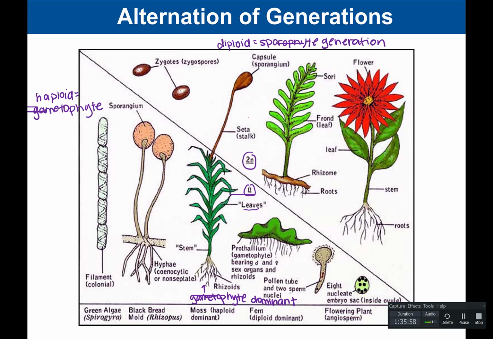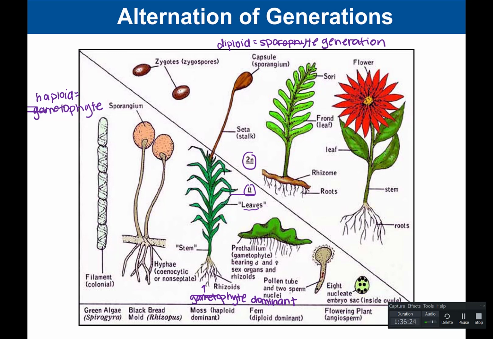That's in contrast to if we look at ferns. Notice that ferns are diploid dominant. The bulk of the plant, including the leaves, is sporophyte generation. The gametophyte generation is a much smaller proportion. It has this prothallus, which almost looks kind of like a patty that a frog would get on.